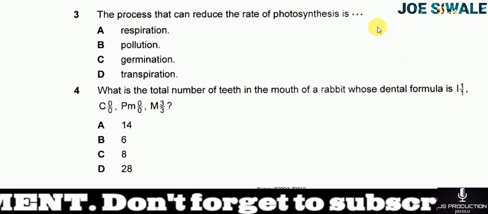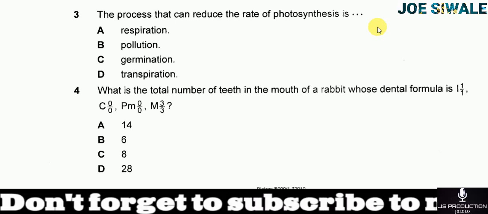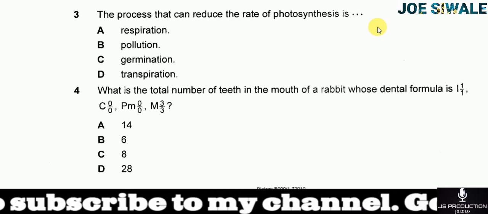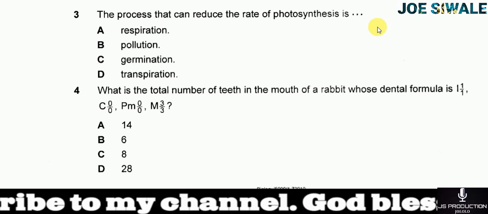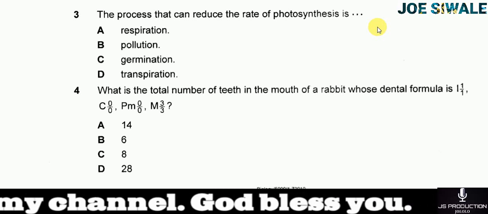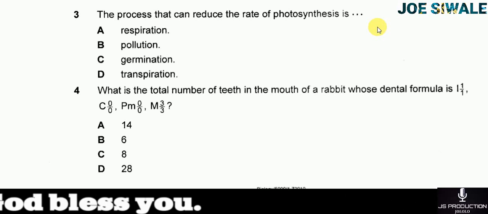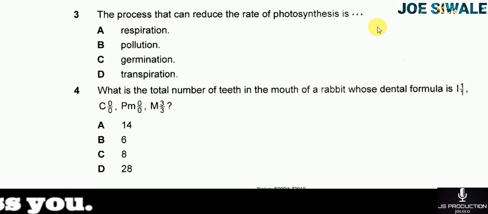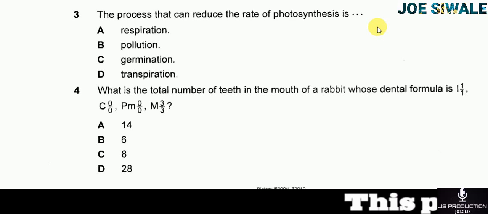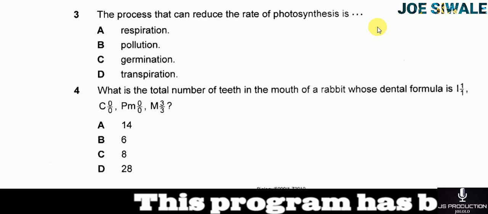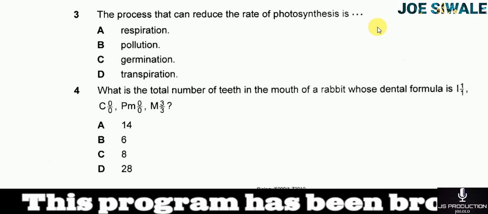Question 4 reads, what is the total number of teeth in the mouth of a rabbit whose dental formula is that of the incisors 1/1, of the canines 0/0, of the premolars 0/0, of the molars 3/3.